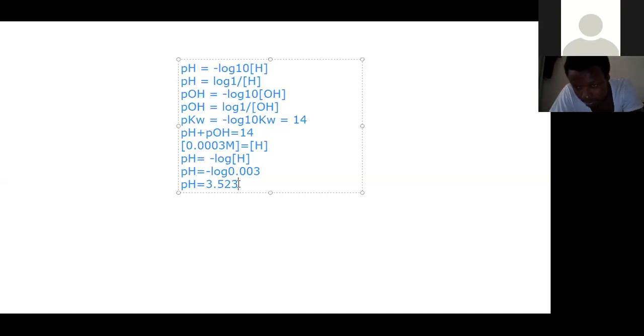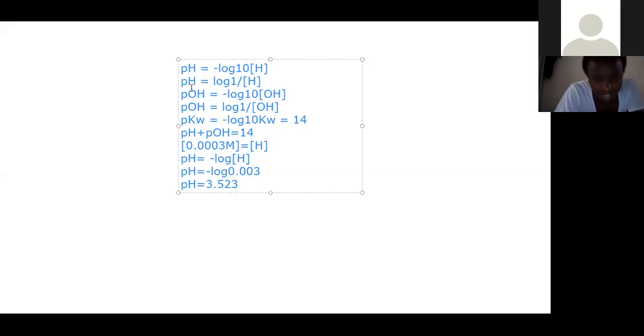So first we have to find the pH, given that pH plus pOH is equal to 14. So you substitute the pOH and make pH the subject. You get 2.5. After that, pH is equal to negative log H plus. You substitute and make H the subject. Good girl.